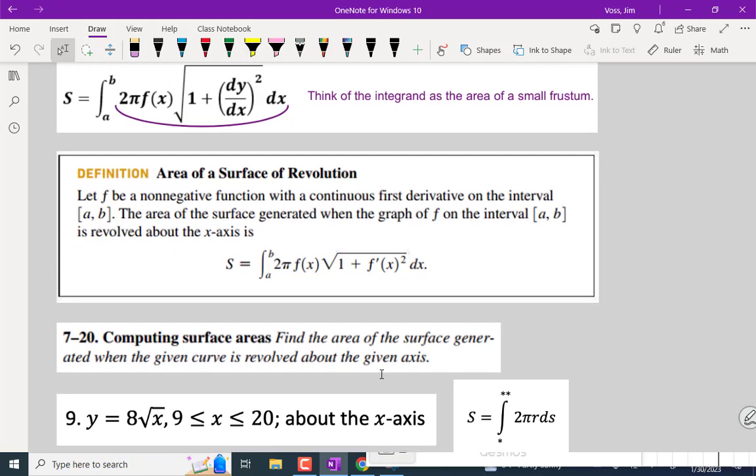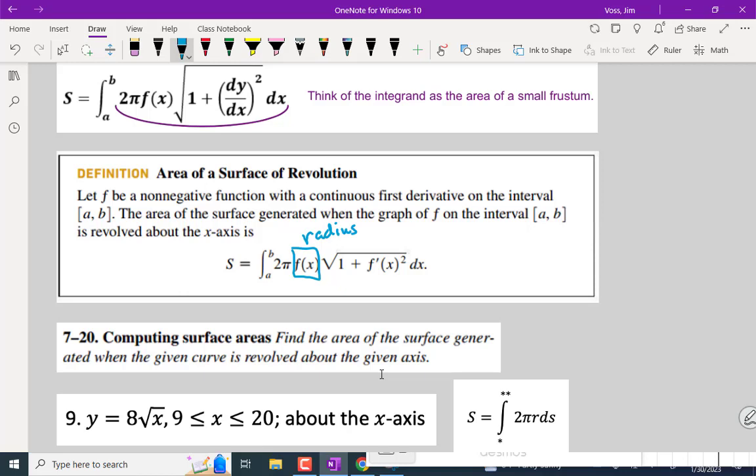So I said it's 2 pi r ds. R is the function, right? The function is measuring how far away you are from the axis of rotation. So the function is the radius right there.